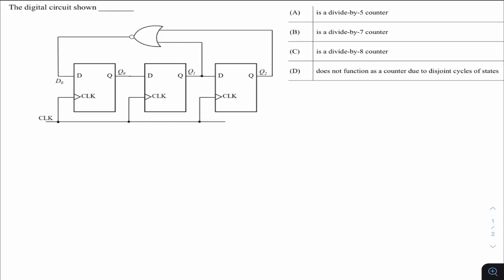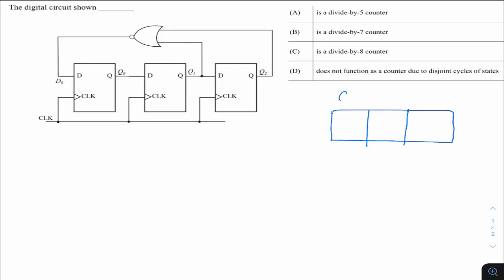So let me draw a simplified diagram of this. We have 3 flip-flops, so it's a 3-bit counter or register, whatever you want to say. The input to the NOR gate is from Q1 and Q2.